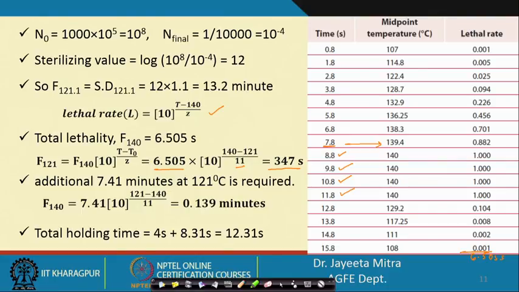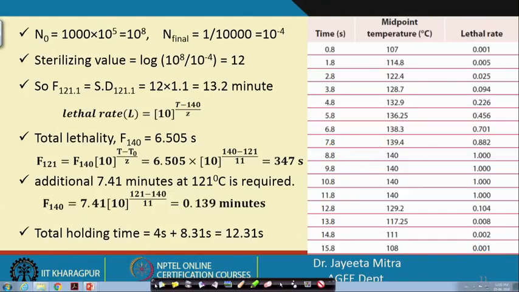So, 0.139 minute we convert to seconds. Then this is the time required for holding at the temperature of 140 degree Celsius to achieve the destruction of 12 log cycles for this particular microorganism.